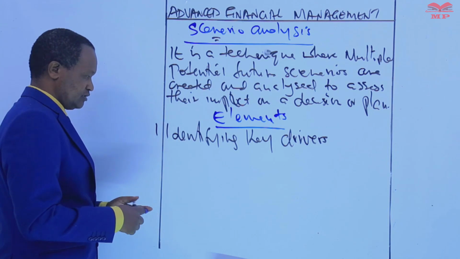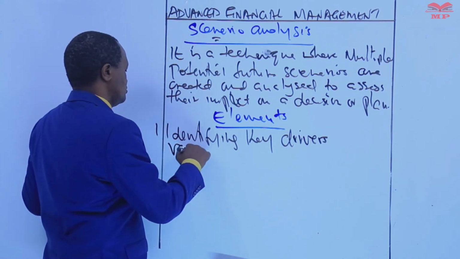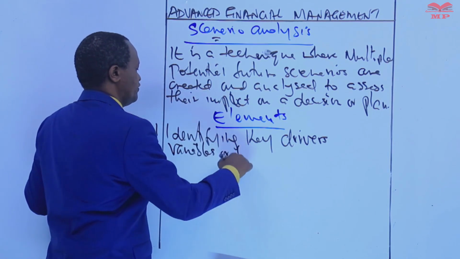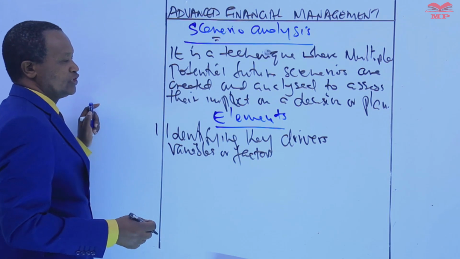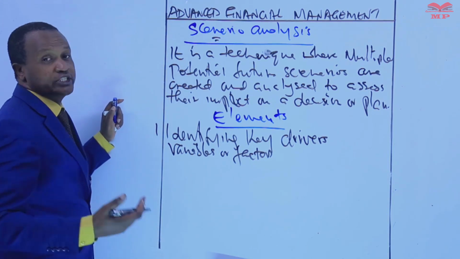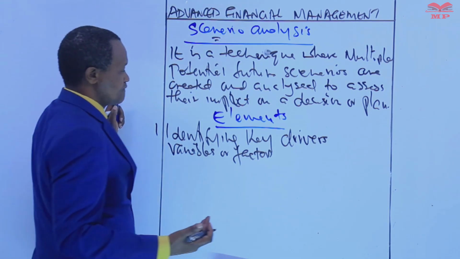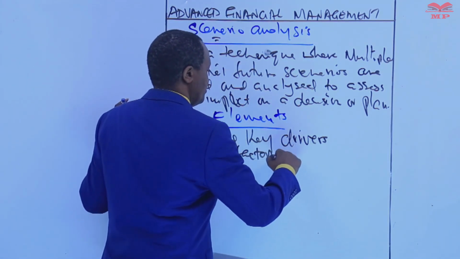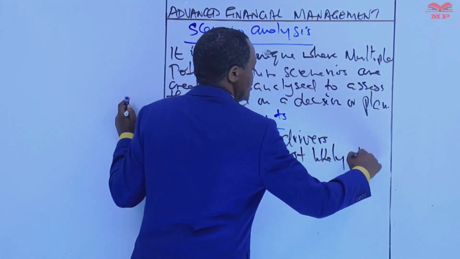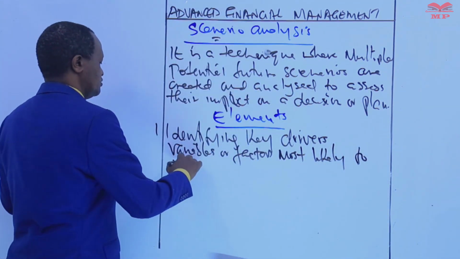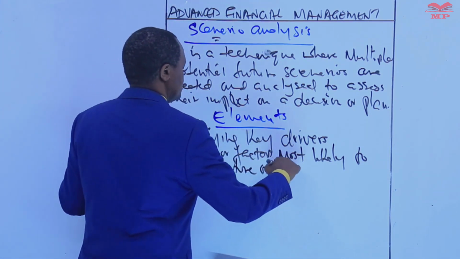You understand? These are variables or factors that are most likely to do what? To influence future outcomes.